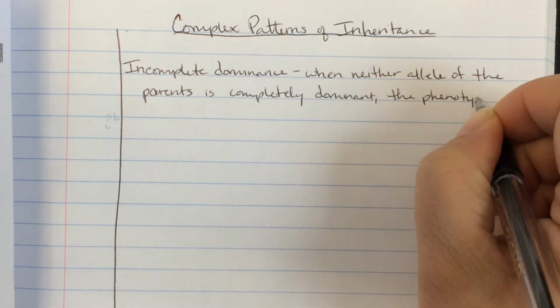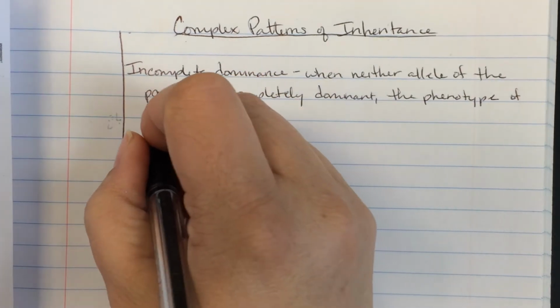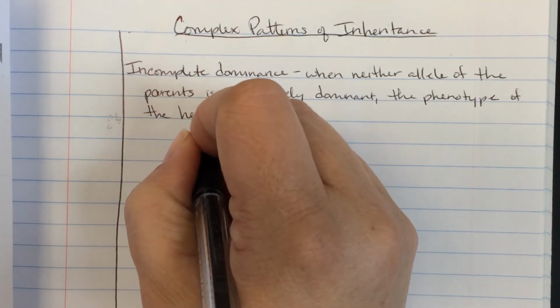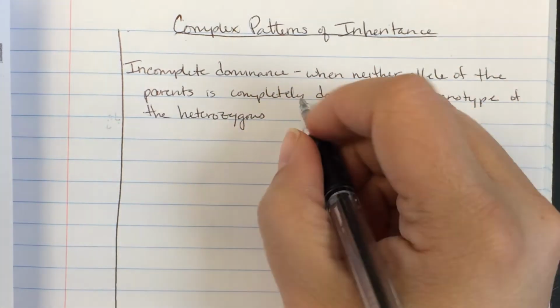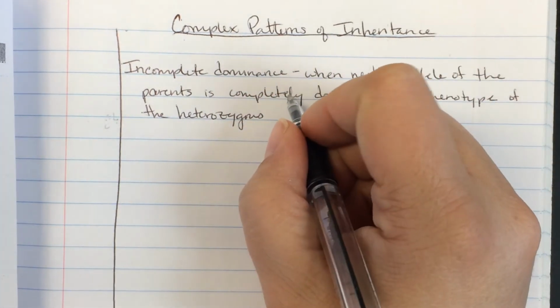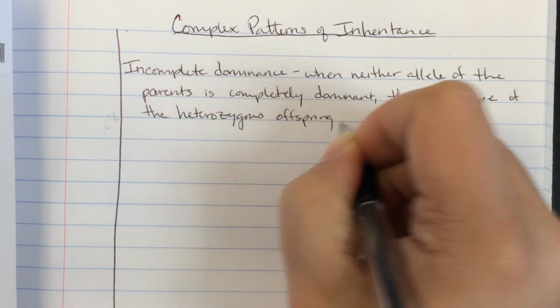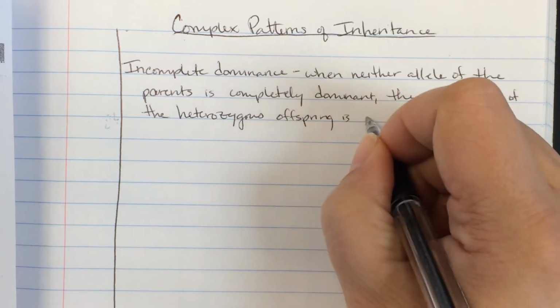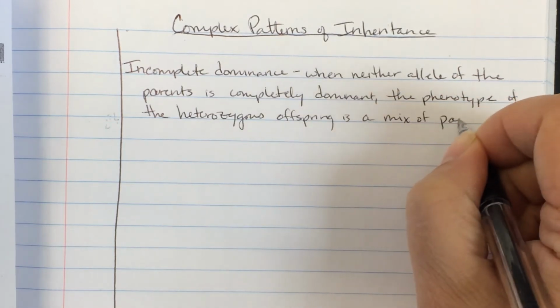The phenotype of the heterozygous, remember that's like big A, little a, where you have the mix of the two alleles, the heterozygous offspring is a mix of the parents.